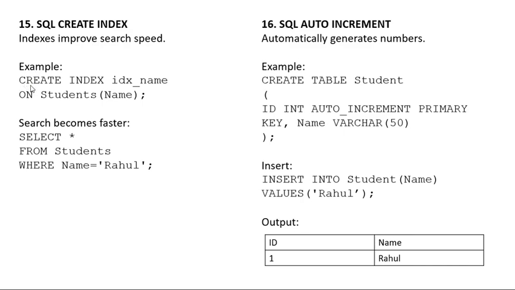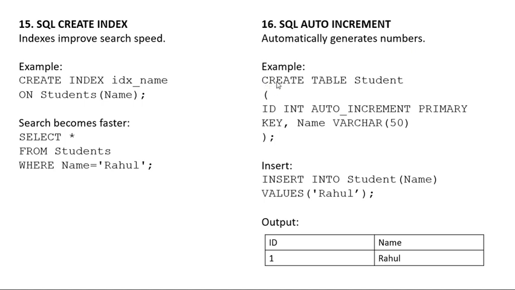For example: CREATE INDEX, the index name, ON student, which is the table name, and in brackets name, which is a field, close the bracket and a semicolon. Searching becomes faster: SELECT * FROM the table name WHERE name equals single quotes 'Rahul' and a semicolon.